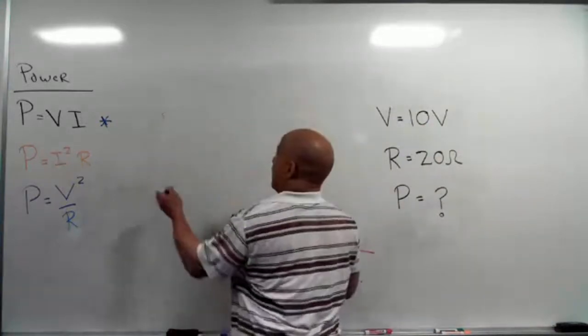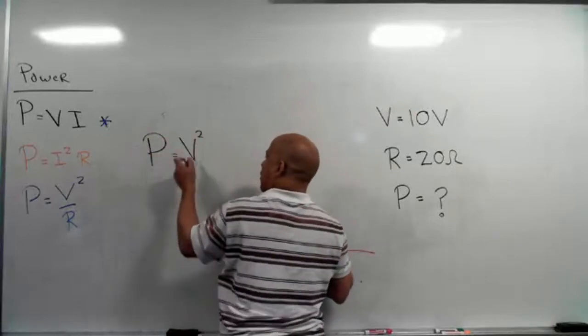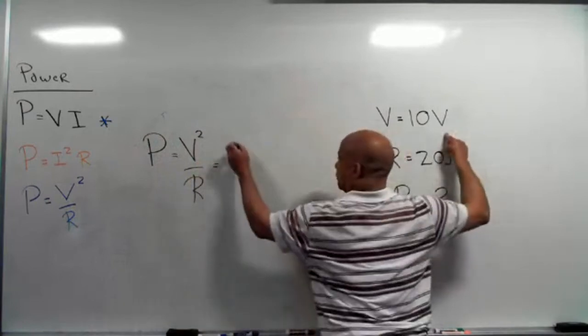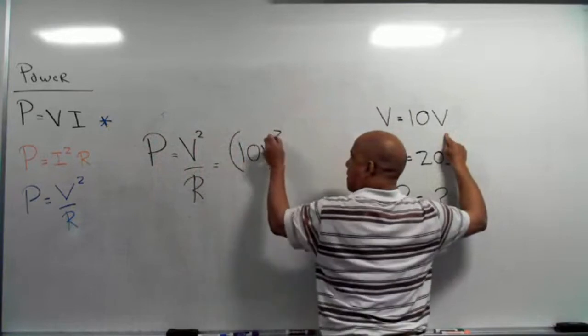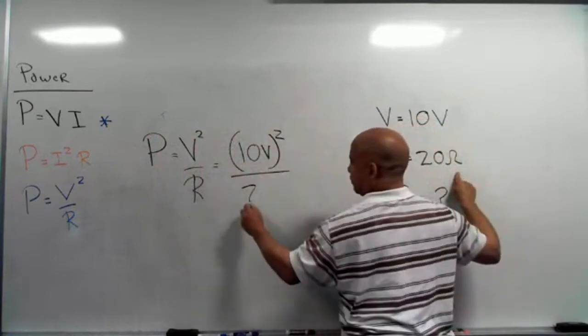So I got P equals V squared over R. V is 10. R is 20.